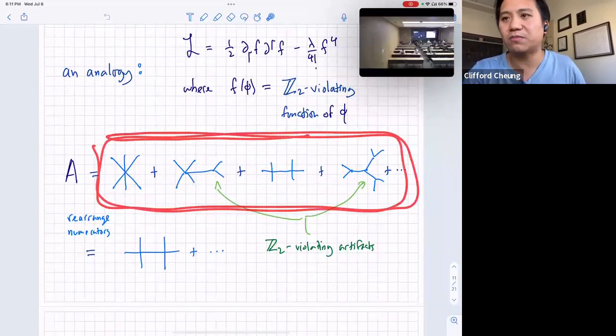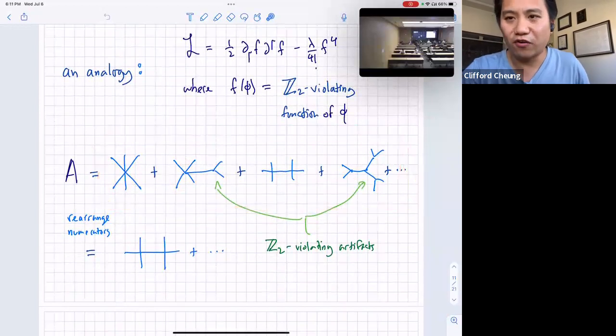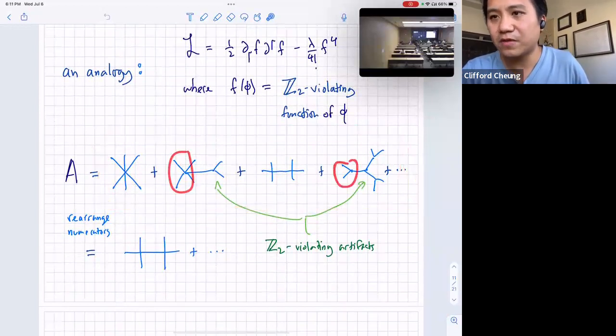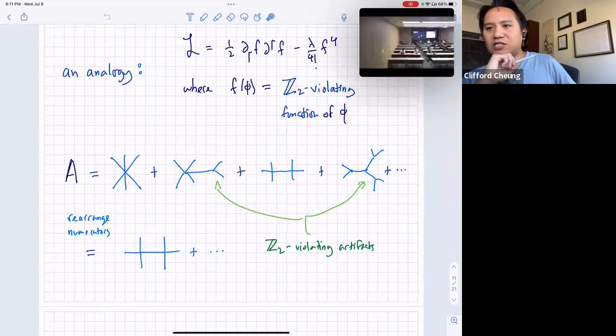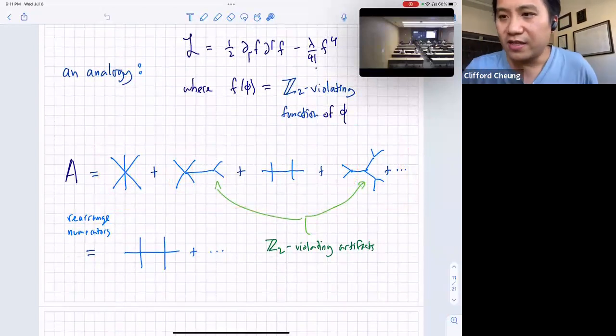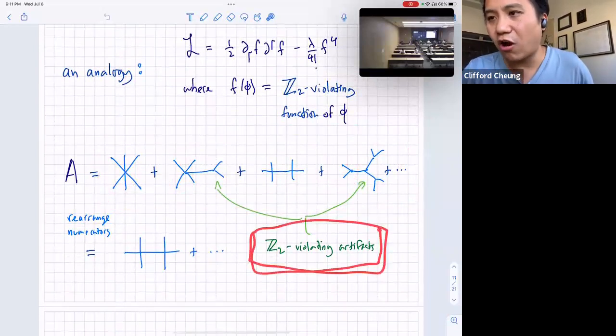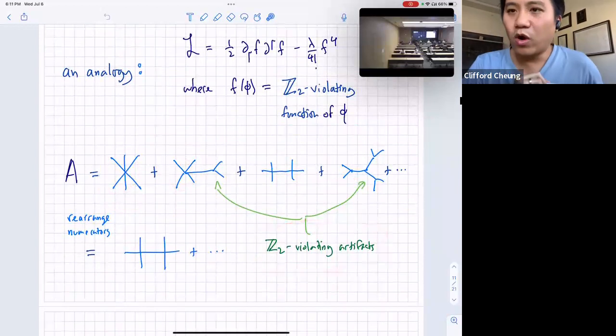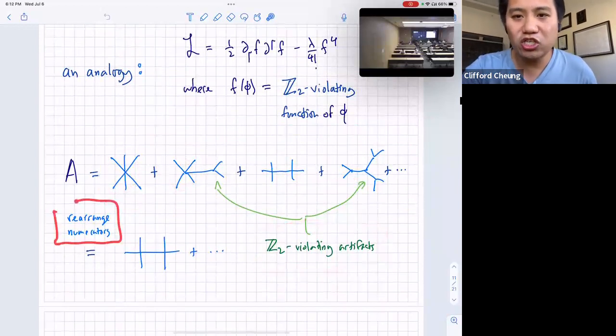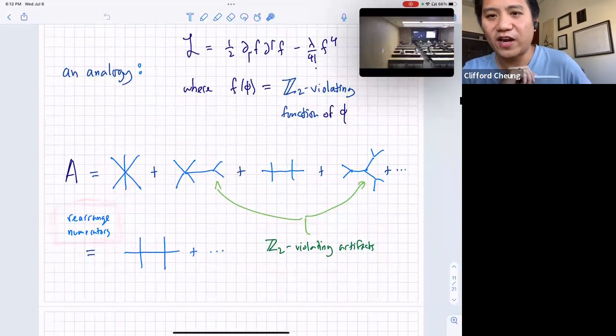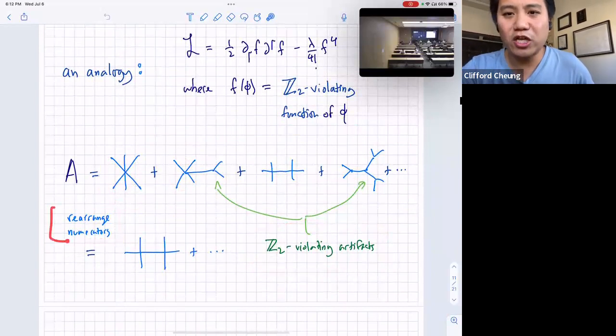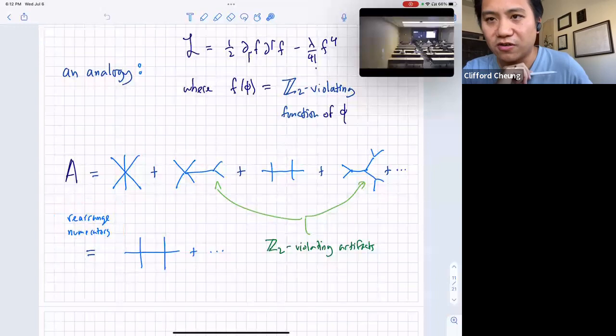You would not see a Z2 symmetry in this theory. You'd have vertices that plainly violate the Z2. But when you add all of them up, the Z2 would cancel. These Z2 violating features are artifacts. One way of saying that is that if you rearranged kinematic numerators in some funny way, you'd find that you could rearrange all the numerators to preserve a Z2.